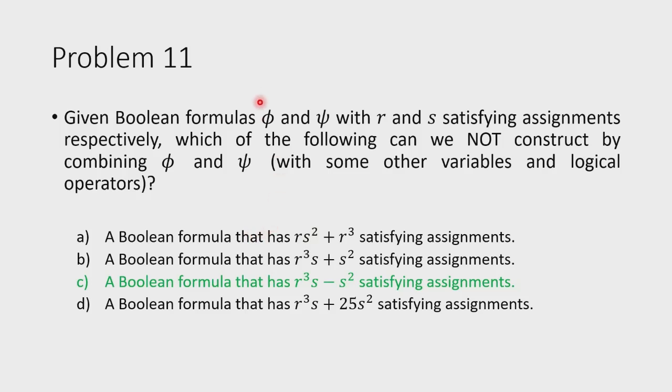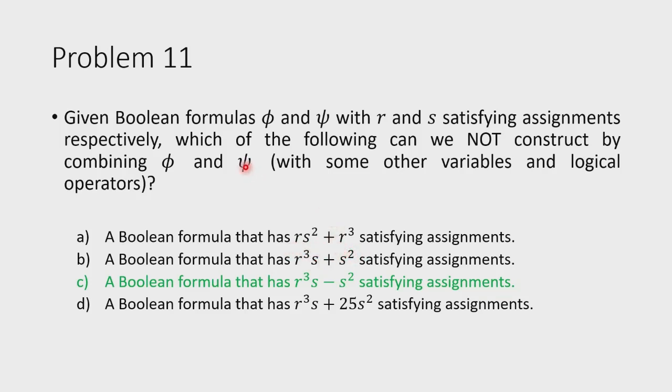Take that formula and phi, again apply product construction to get a formula with r cube equals r square times r satisfying assignments. So now we have a formula with r cube satisfying assignments. Take that formula and apply the product construction again with psi to obtain a formula with r cube times s satisfying assignments.